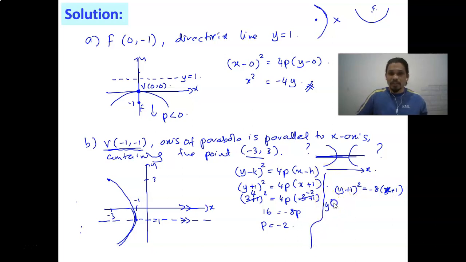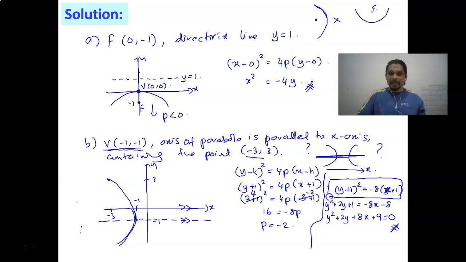Expand it: y squared plus 2y plus 1 equals negative 8x minus 8. So y squared plus 2y plus 8x, negative 8 becomes positive 8, so plus 1 plus 8, equals 9, equals 0. This is the general equation of a parabola. See here, only y has a degree of 2, and x's highest degree is 1.